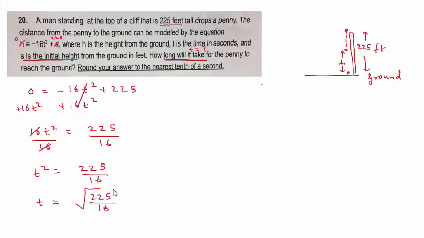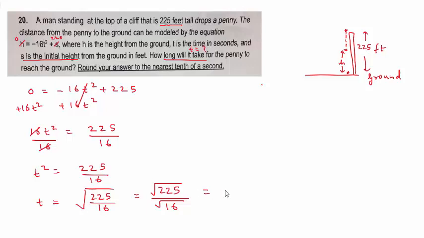Now, in one of the previous problems on the previous page, I think it was one of the first few problems, I told you that the square root of a fraction is equal to the square root of the numerator over the square root of the denominator. So this is going to be equal to the square root of 225 over the square root of 16.